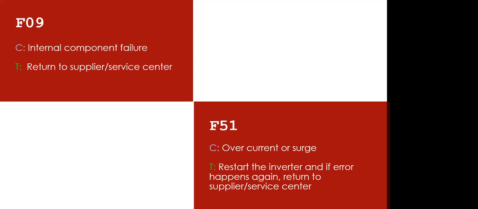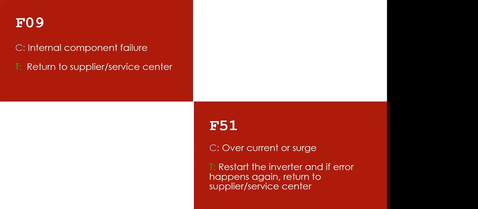This also goes for fault 51, which is overcurrent or surge. It is the same issue, and this same fault happens in the same section where F09 occurs majorly, because surge can come from the solar.